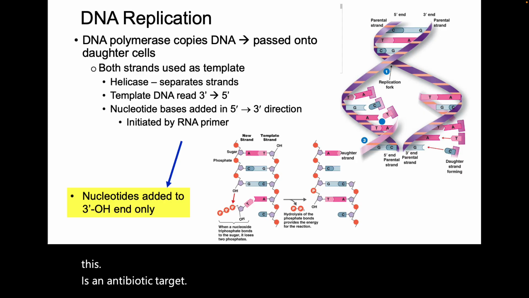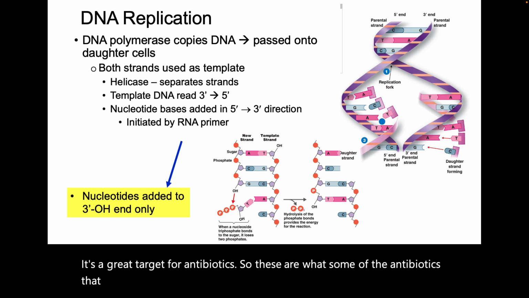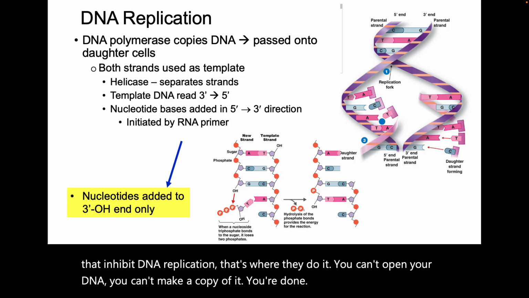Ciprofloxacin, if you've heard of Cipro, and the derivatives, inhibit DNA gyrase. It's a great target for antibiotics. So these are some of the antibiotics that inhibit DNA replication, that's where they do it. You can't open your DNA, you can't make a copy of it, you're done. Okay.